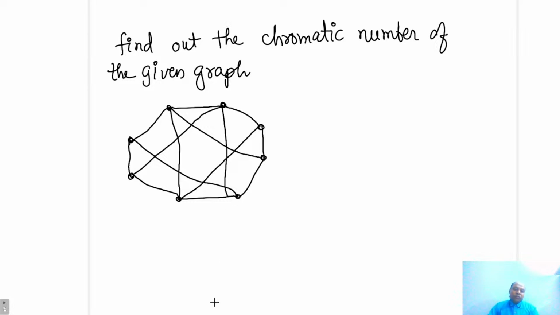Okay, yeah, I will connect with this. Now chromatic number is what? It is vertex coloring. Suppose I color this particular vertex red, now I cannot color this, this and this as red.